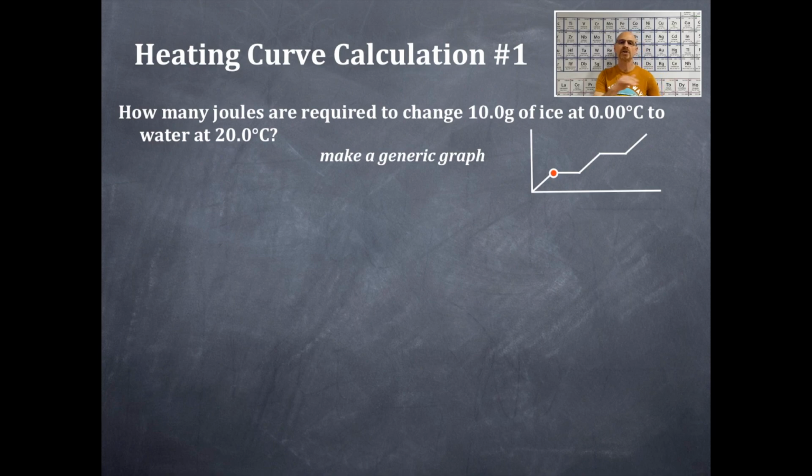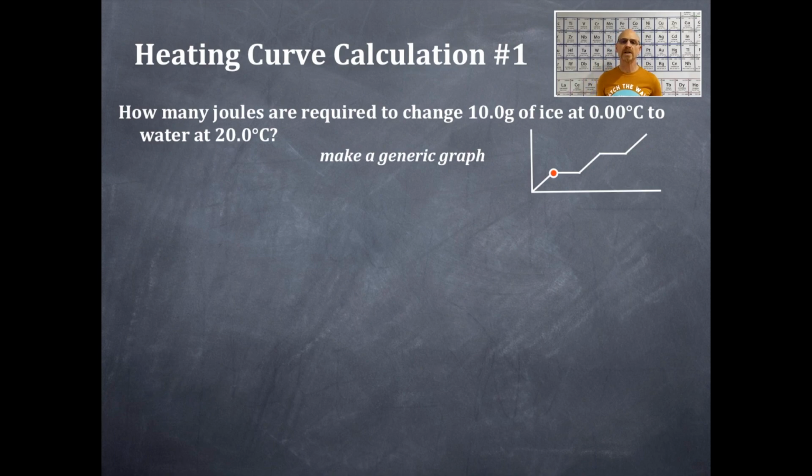If I shift it far to the right on that horizontal section, then it would be liquid water at 0 degrees Celsius. But we're not there, we're at solid water at 0 degrees Celsius, so that dot is shifted to the left of that first horizontal section.